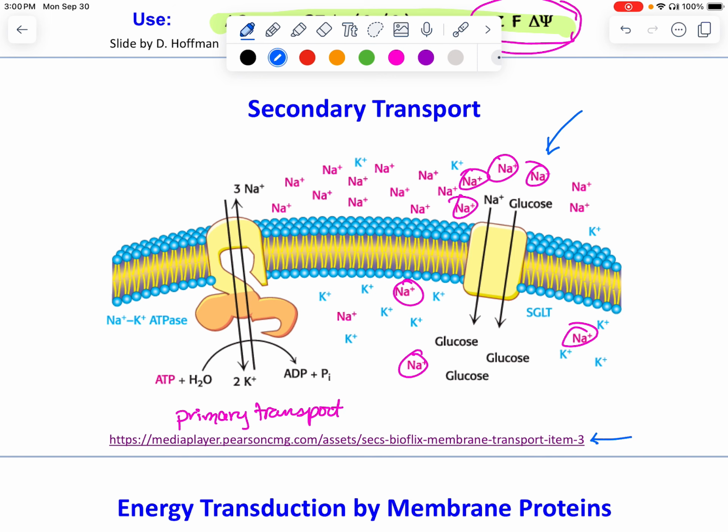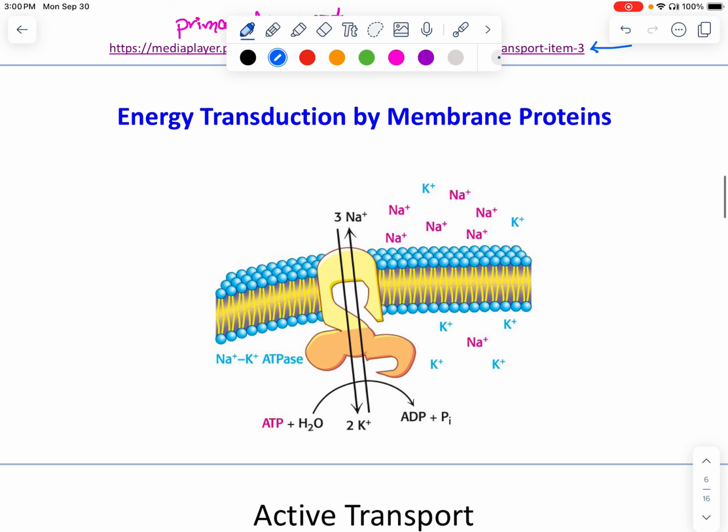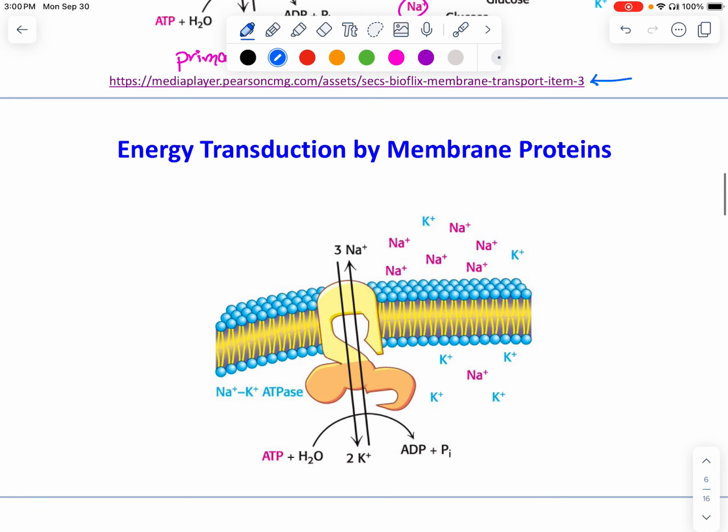All right, let's look at that sodium-potassium pump more in depth. It is an example of an antiporter. Every time this happens, for every cycle, we get 1 ATP hydrolyzed.